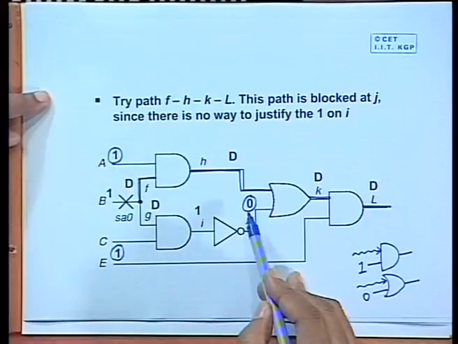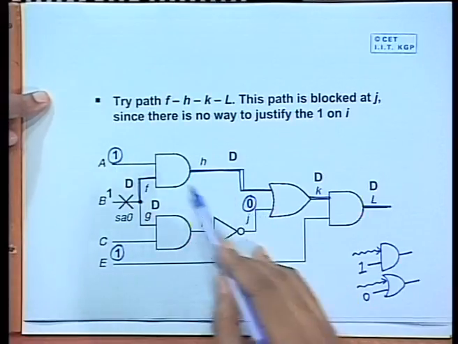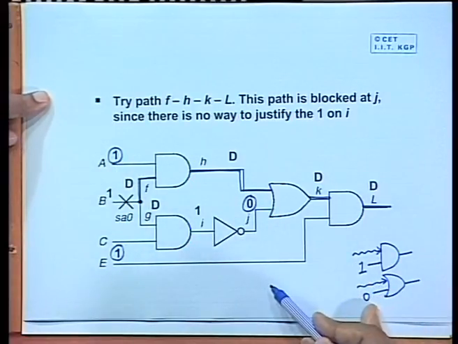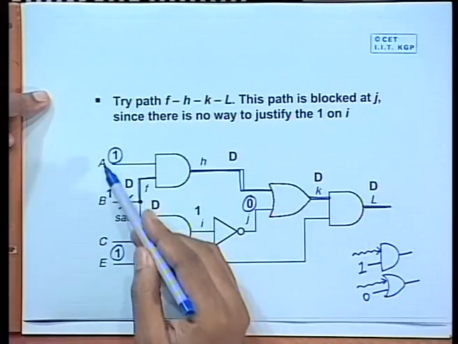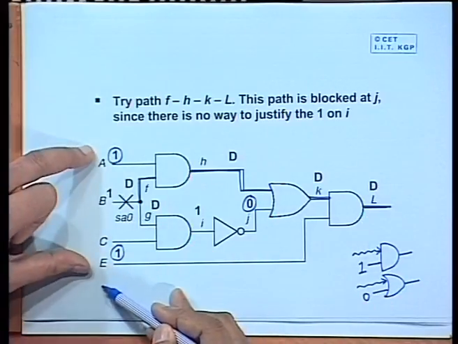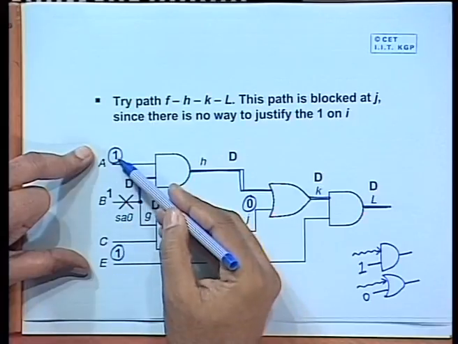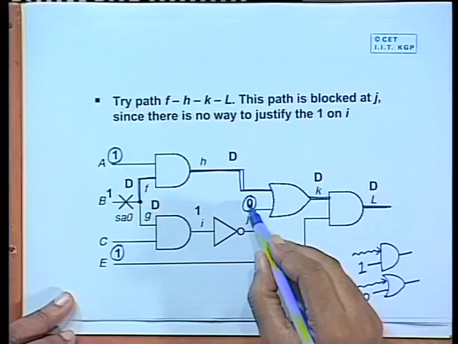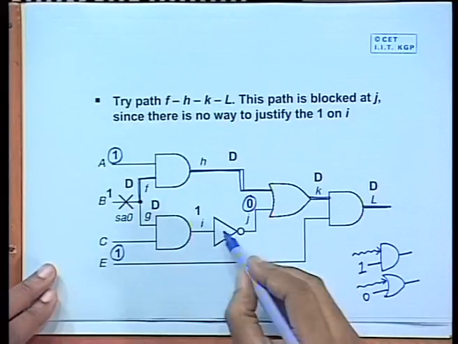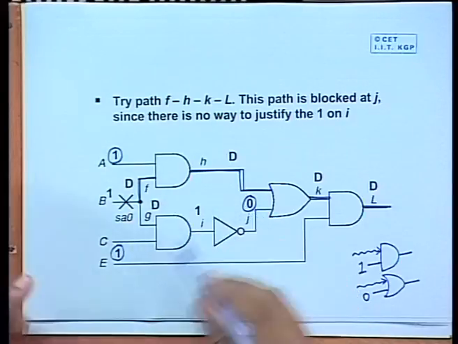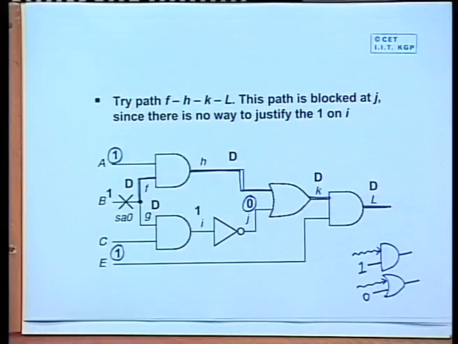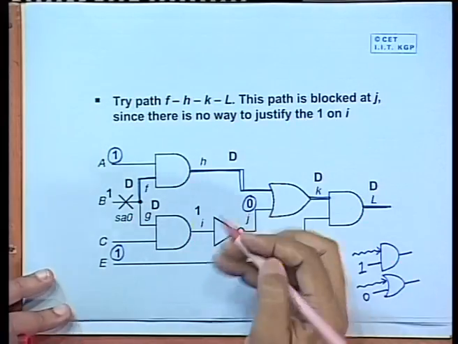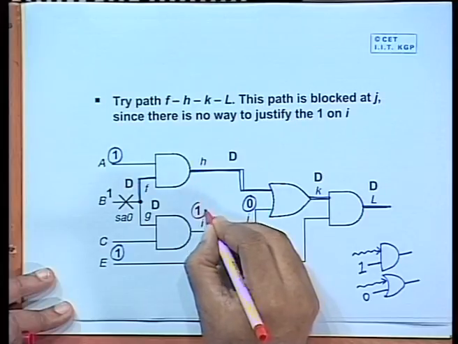I must have 1, 0 and 1 at the other inputs of the gates which are falling in the path. Out of these 3, A and E are not an issue at all, because these are primary inputs. I can always apply 1, 1. But let us see if we can have a 0 on J. This is a NOT gate. If we want to have a 0 here, if you do a back trace, this means that you need a 1 here.